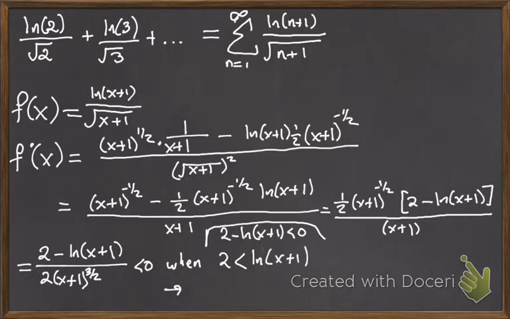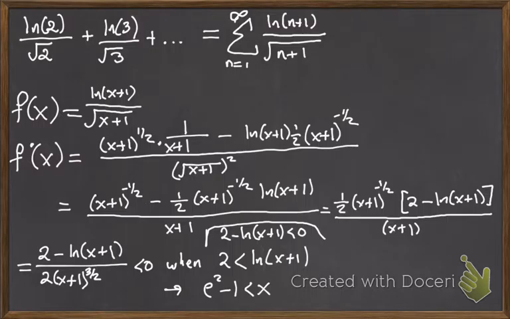Because the exponential function e is increasing, we can apply e to both sides, and we'll have e squared is less than x plus 1. We'll subtract 1, and so we have e squared minus 1 is less than x. So as long as x is past e squared minus 1, this function is going to be decreasing. So we're unable to apply the integral test for the first couple of terms, whatever e squared minus 1 is, 3 or 4.